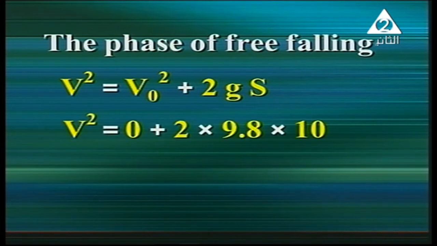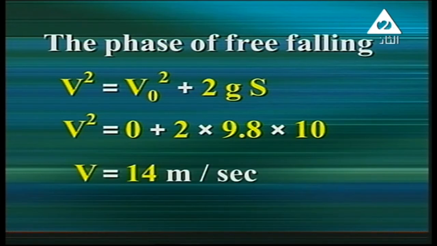By substitution, v naught equals 0, g is 9.8, gravity force, distance is 10. First, we calculate the velocity of the body when it fell from a height of 10.